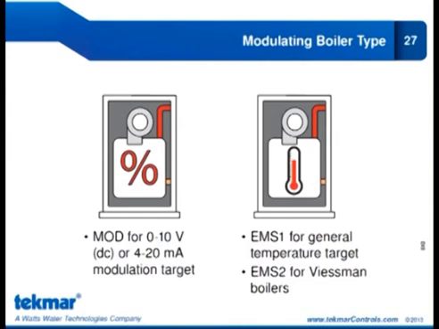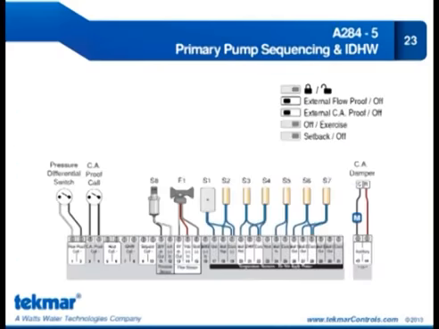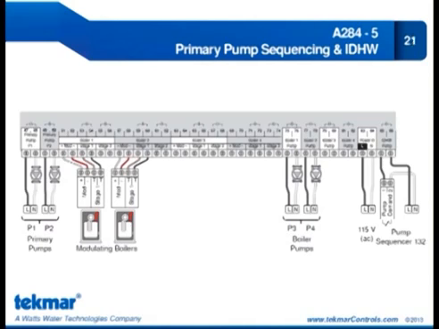And from a wiring and setup standpoint, if you look at the terminals, if you want to go back to that, Elizabeth, this control can support, you don't define the relays. Basically you have 4 boiler banks. You have boiler 1, terminals 51 to 56, that's your boiler bank 1. You select through software whether boiler 1 is single stage, 2-stage, modulating direct drive, or modulating target temperature, which is EMS1, or specifically for Viessmann Vitodens, which is EMS2.